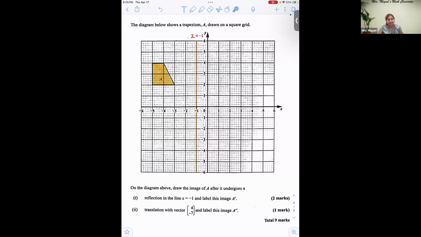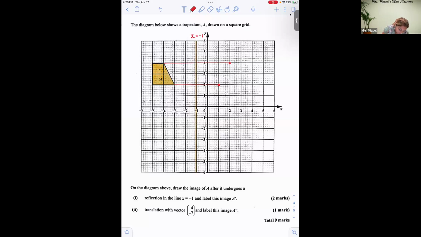All right, so by now, you're supposed to draw it. So let us just count. We have 2 spaces here to the line, so we have 2 spaces behind. So this is my first point. Then here we have 1, 2, 3 spaces, 1, 2, 3. So the shape is finally coming together a little bit.